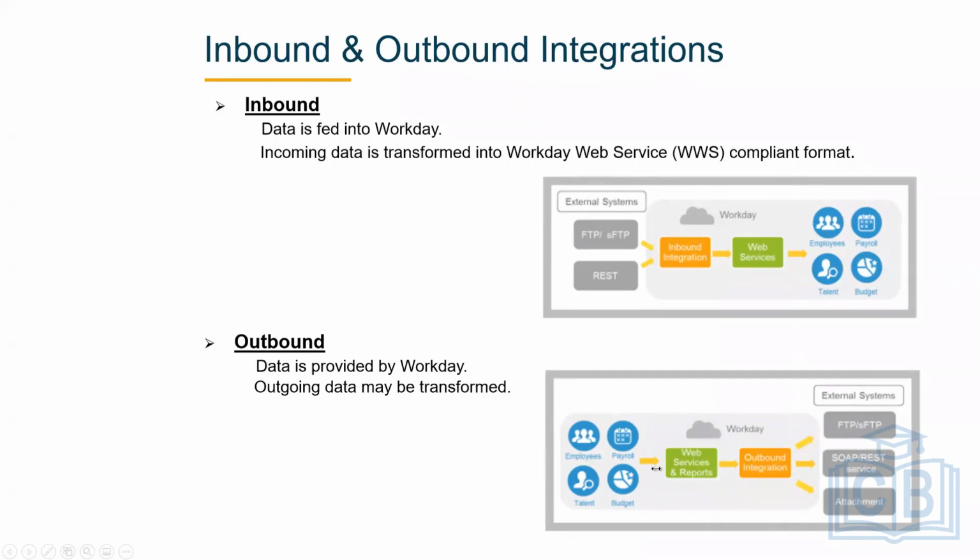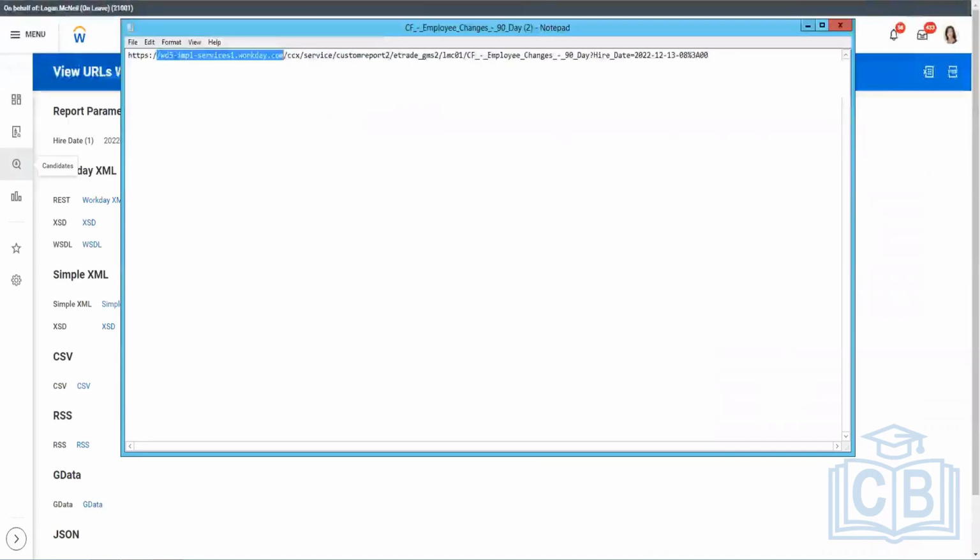For outbound, we can use these functional areas or the sources for our reports or the integrations, send the data via web services, outbound integration, and it can be sent to external system, FTP, SOAP, REST services, attachment. And the one that we saw is considered a REST service, importing the data from a custom report within your tenant. Something like this.